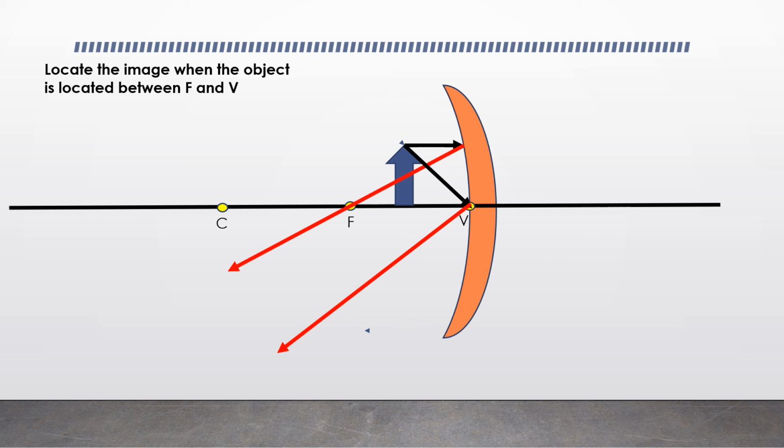Now, try to extend the reflected rays behind the mirror. Have you seen the reflected rays intersect behind the mirror? What have you noticed? They are not intersecting. So, they did not converge behind the mirror. So, therefore, there is no image formed when the object is located between F and V.